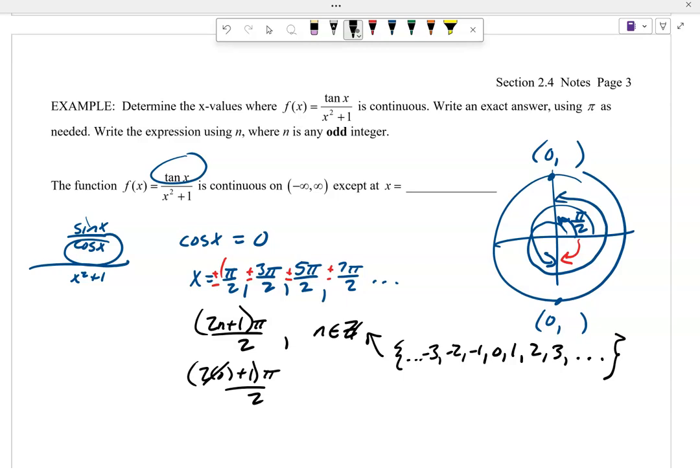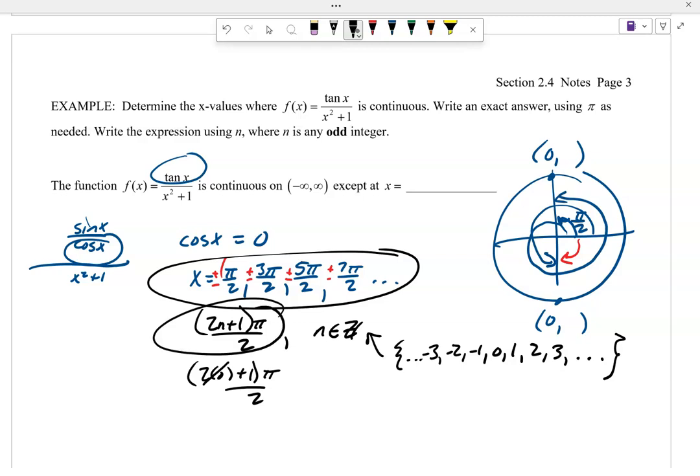If n is 1, then I get 2 times 1 plus 1, I get 3 pi over 2. If n is 2, I would get 5 pi over 2. If n is 3, I get 7 pi over 2, and so on. If n is negative 1, then I'd get my negative pi over 2. If n is negative 2, then I'd get my negative 3 pi over 2, and so on. Right? So it hits all of these with that one right there.